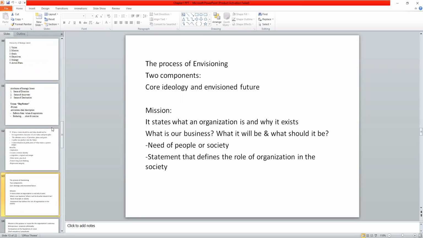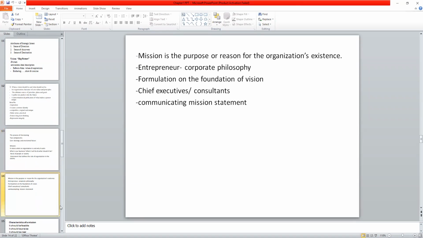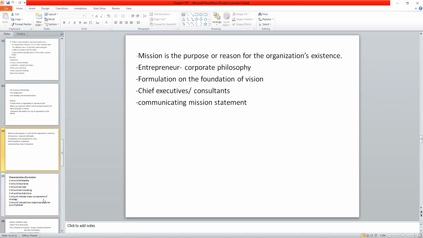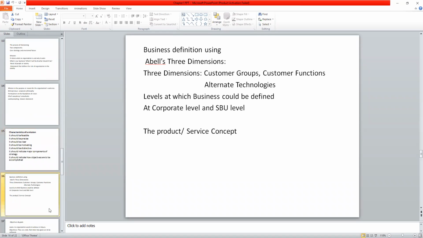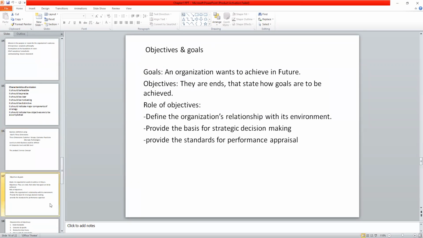In the previous session, we had seen what is the vision statement, what is the mission statement. Now we move ahead with the objectives and goals.